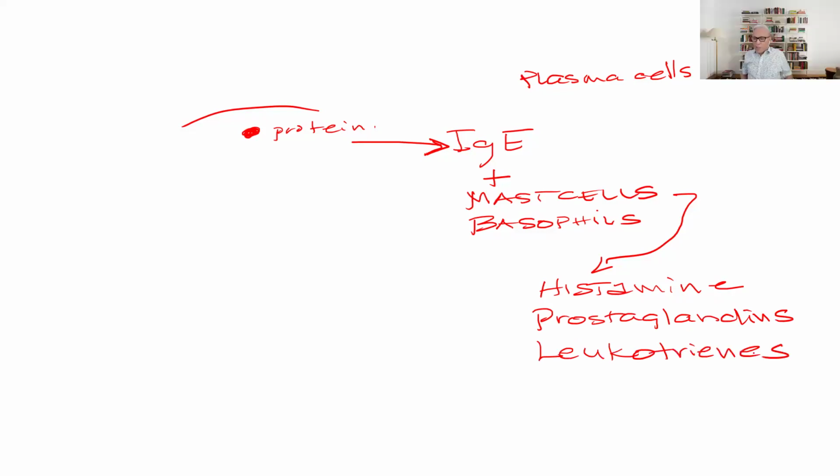All right. So what are the events, therefore, that lead to the constriction of the airways in asthma? Well, the actions of all these are going to cause your airway tightening or bronchoconstriction.